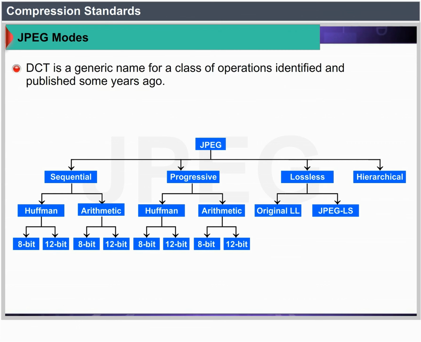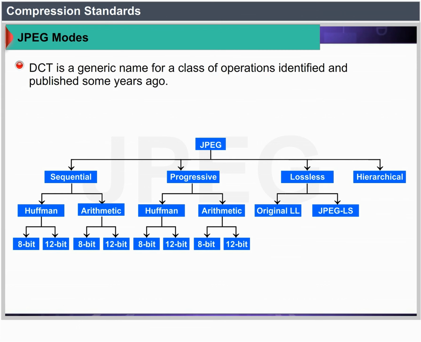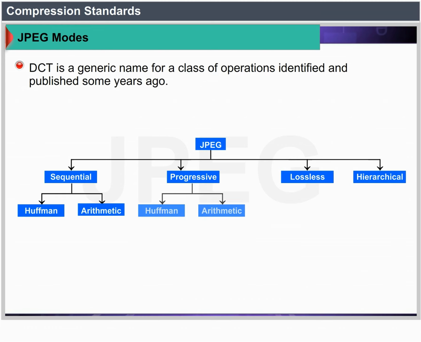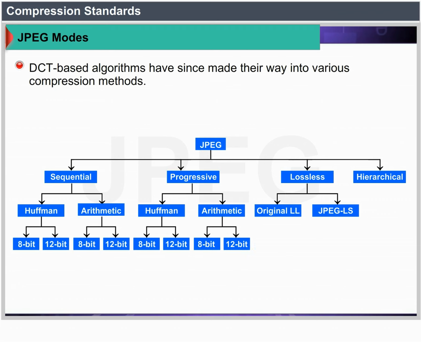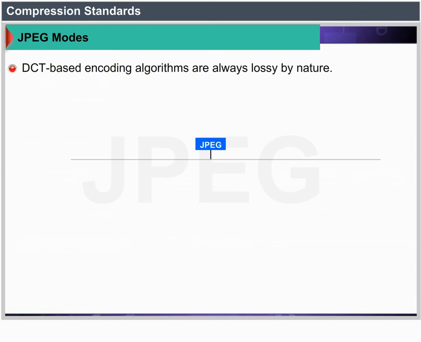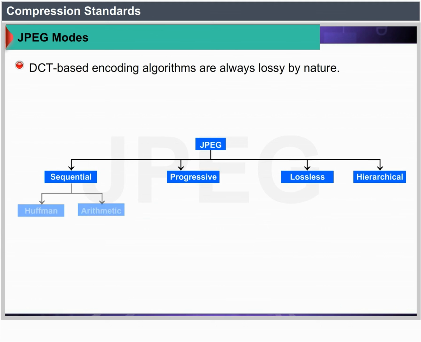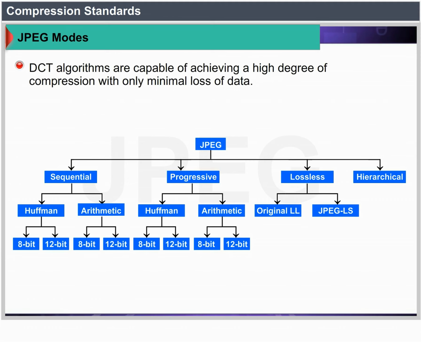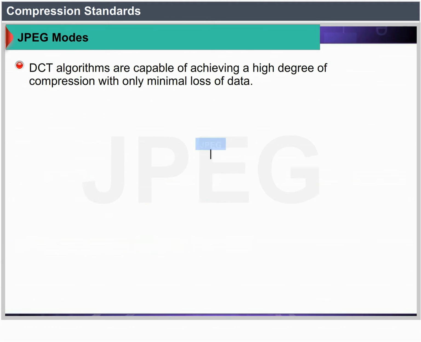DCT is a generic name for a class of operations identified and published some years ago. DCT-based algorithms have since made their way into various compression methods. DCT-based encoding algorithms are always lossy by nature. DCT algorithms are capable of achieving a high degree of compression with only minimal loss of data.